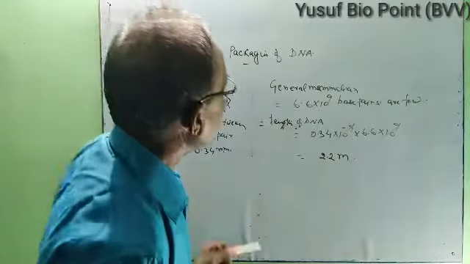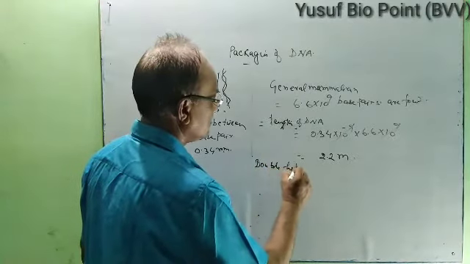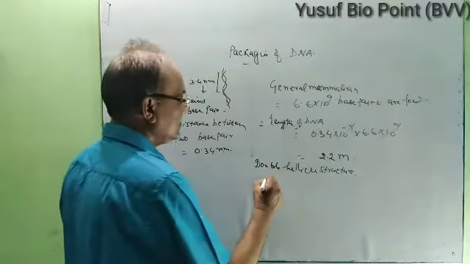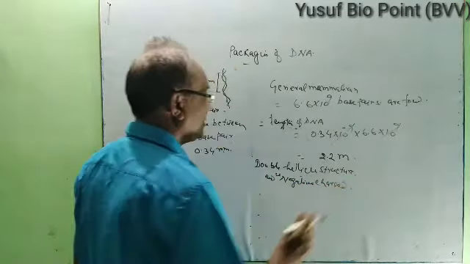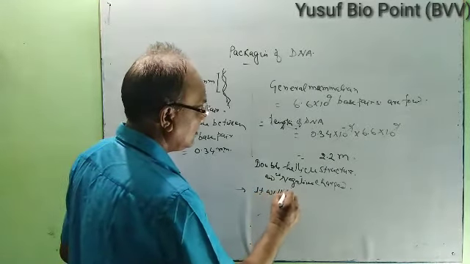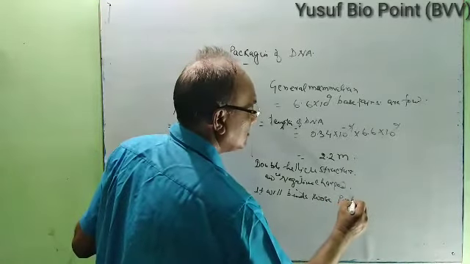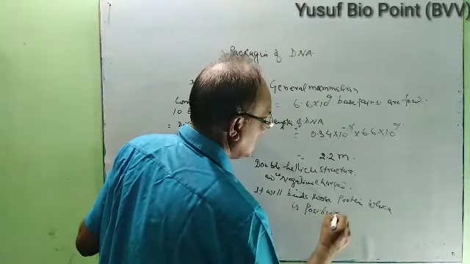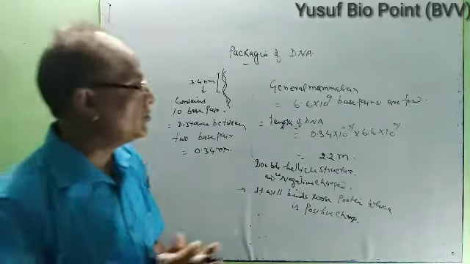Now, how does the DNA stand? It is a double helical structure and it is negatively charged. DNA is negatively charged, so it will bind those proteins which are positively charged. तो ये ऐसे प्रोटीन के चारों तरफ बनेगा, वहां एक्यूमुलेट होगा, जो नेगेटिव पॉजिटिव चार्ज हो.